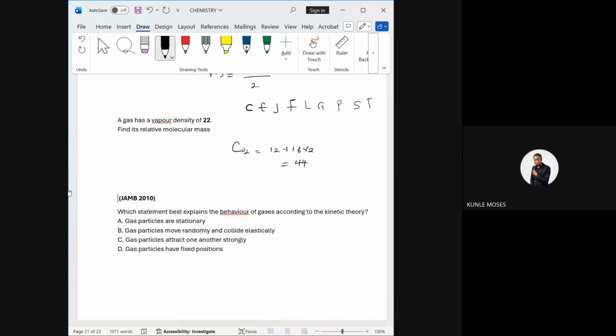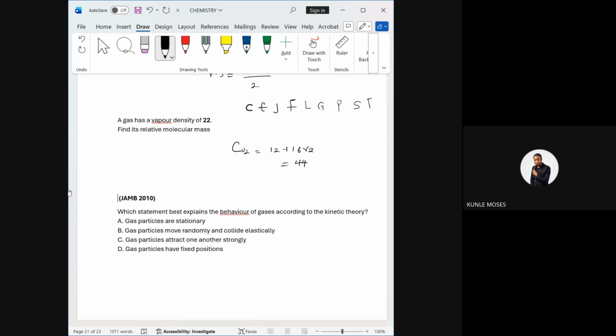Confidence, are you there? What's the answer? D. The question is about which system is the behavior of gas. No, that is not right. We are talking about gas.